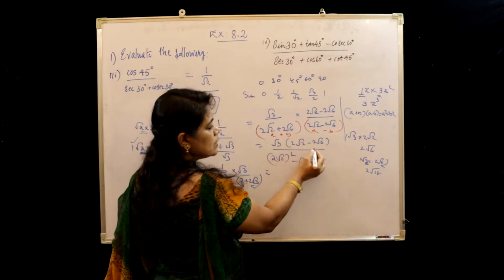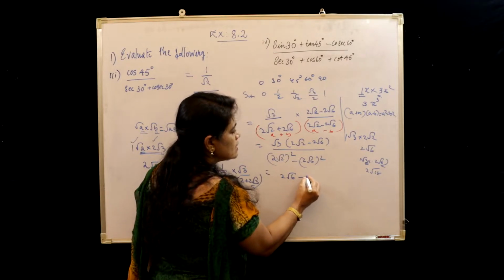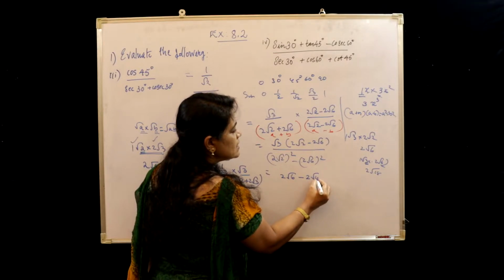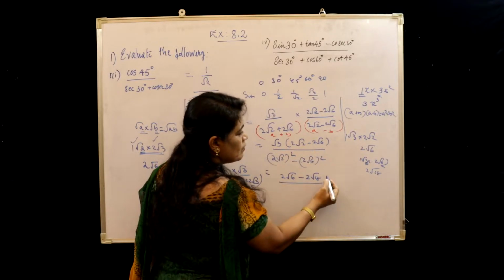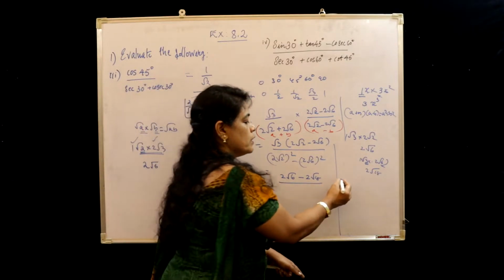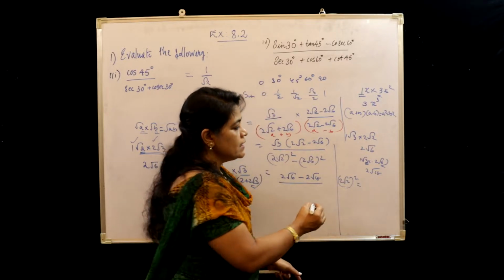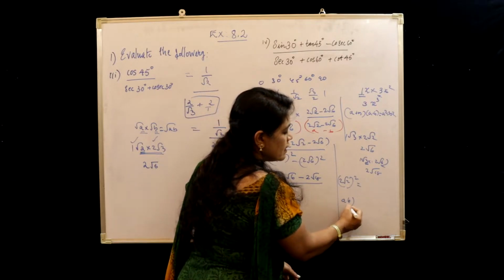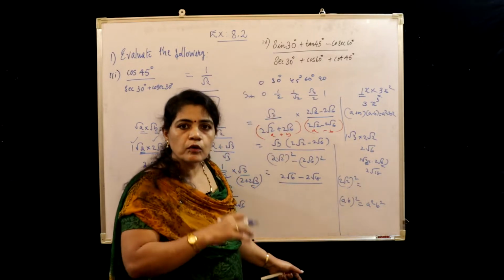That comes in the numerator, that is 2 root 6 minus 2 root 18, isn't it? Root 3 into root 6 is root 18, divided by, next comes, see what will be 2 root 2 whole square? What is ab whole square? ab whole square is a square into b square, that is square both factors.